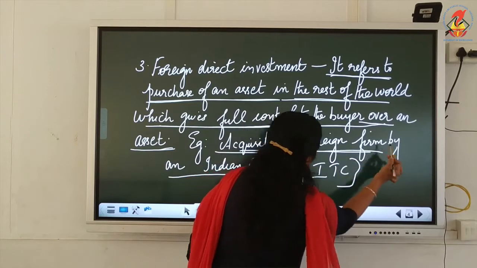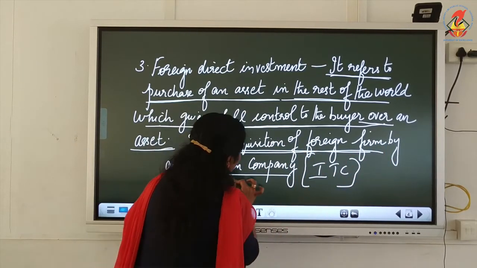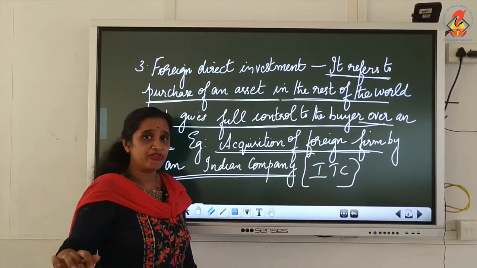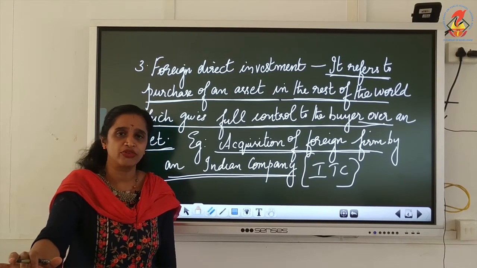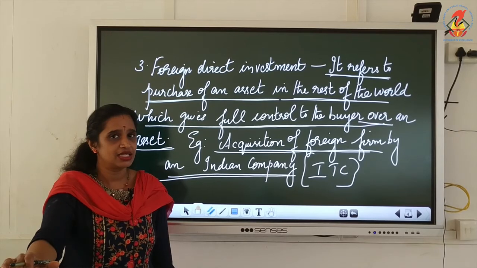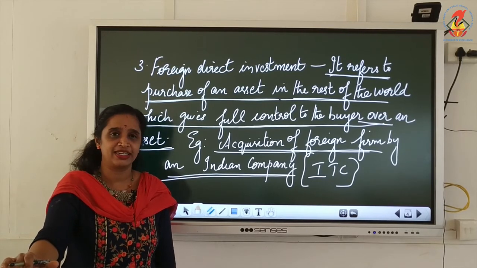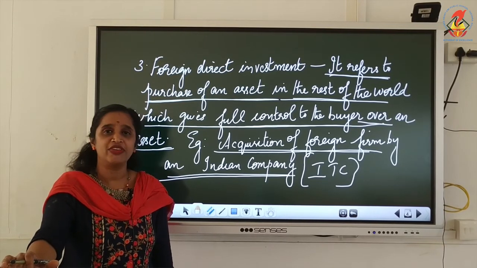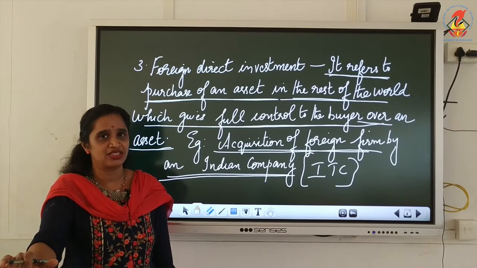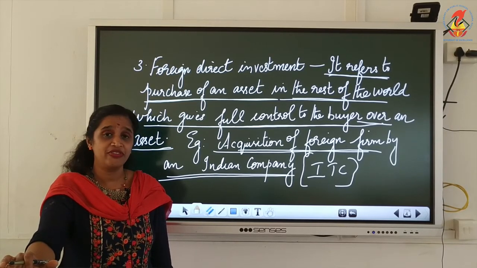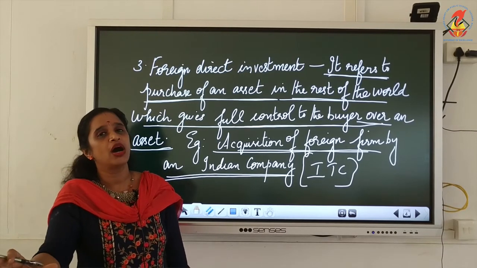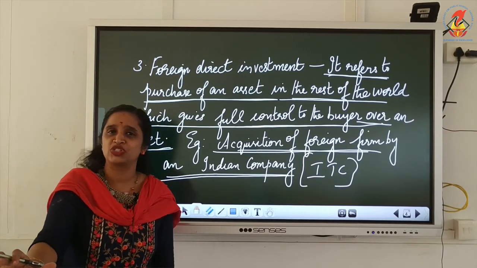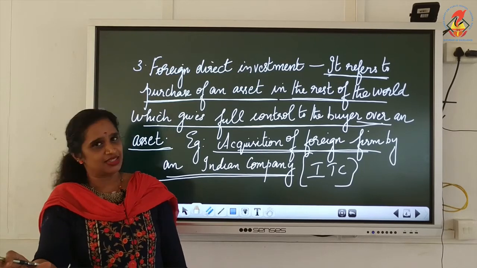Acquisition of a foreign firm by an Indian company is an example of foreign direct investment. When an Indian company purchases a foreign company, it is known as foreign direct investment. Now, if an Indian company has to purchase a foreign asset, if it is a foreign direct investment, you can just imagine how strong the financial position of that particular company is.